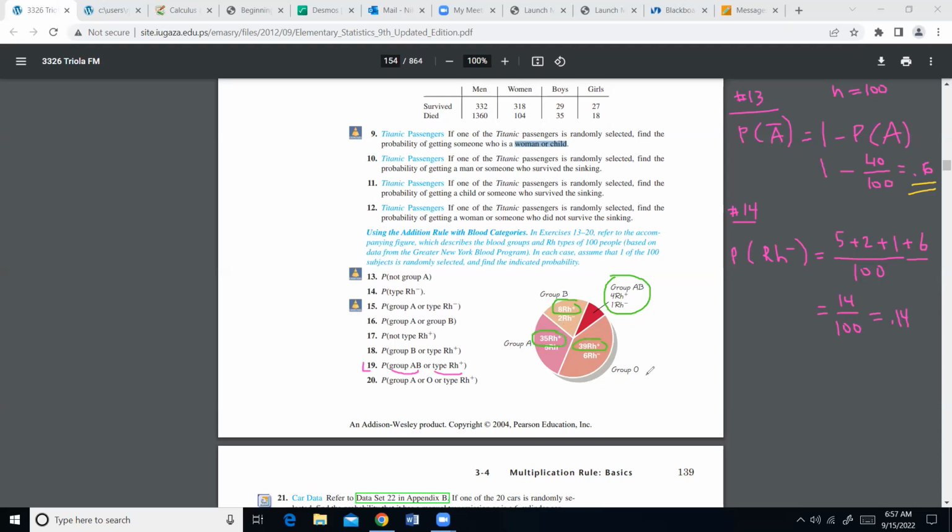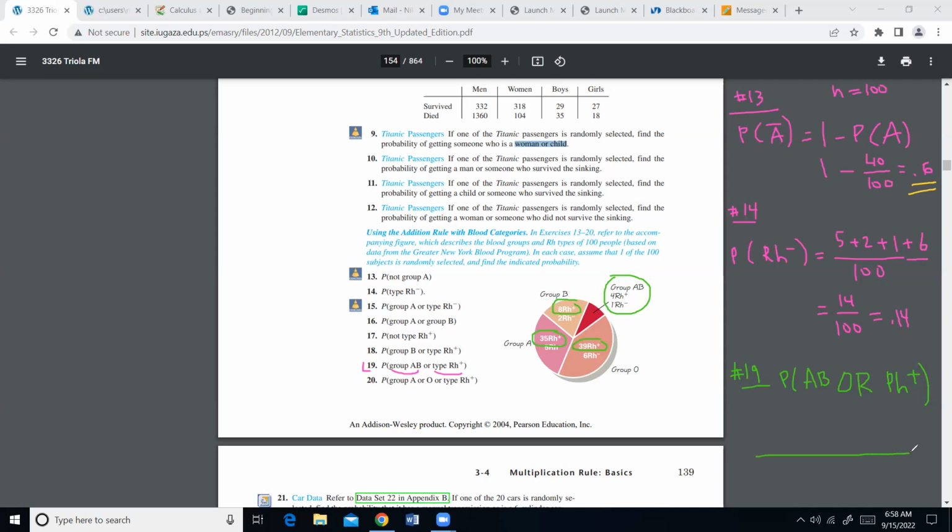So we got these here, and now I can write number 19 solution. So that's the probability of AB or RH plus, positive. Okay, so we have two pieces to combine.